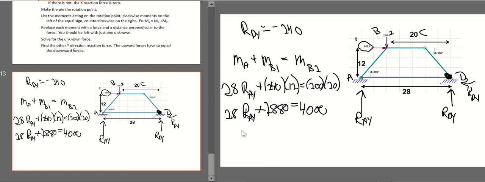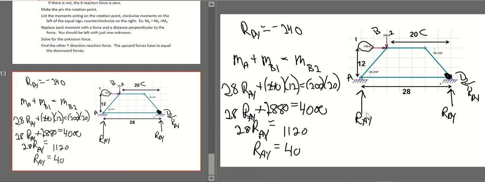And so I get 28 RAY equals 1120. RAY equals 40, exactly. Okay, so RAY, 40. So I got this one, I got this one.